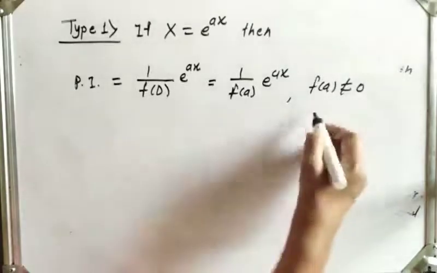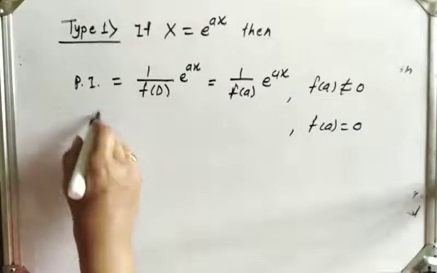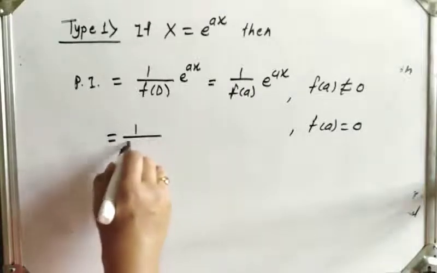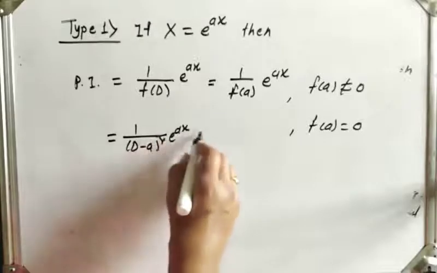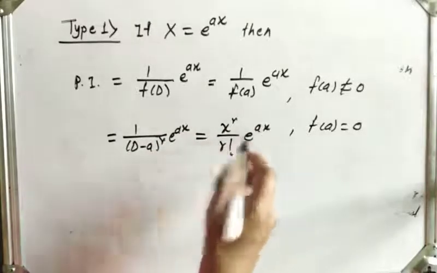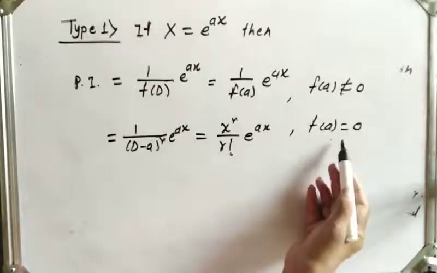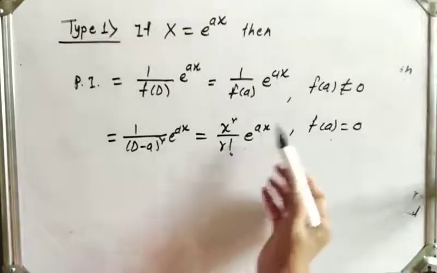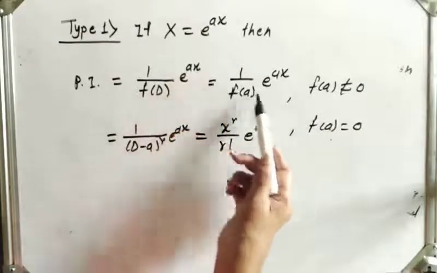Okay, and if f of a is equal to 0, then the formula for particular integral is 1 upon (D minus a) raised to r, e raised to ax, is equal to x raised to r upon r factorial into e raised to ax. If f of a is equal to 0, then we use this formula. Second, if f of a is non-zero, then we just replace D by a.